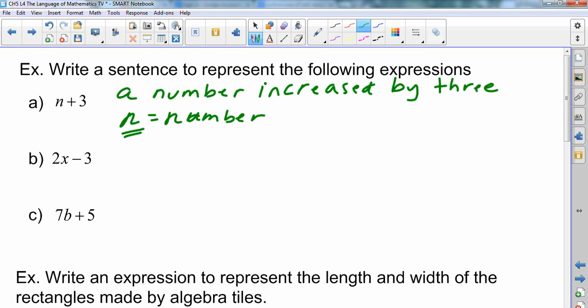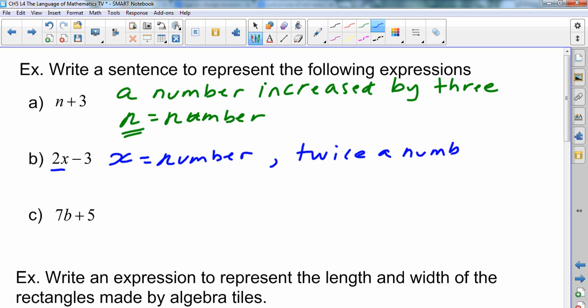Same thing for the second one, 2x minus 3. So we're going to say x is standing in for a number. And so 2x, we could say 2 times or twice. So say twice a number. And then for the minus 3 part, we're not going to say minus 3.